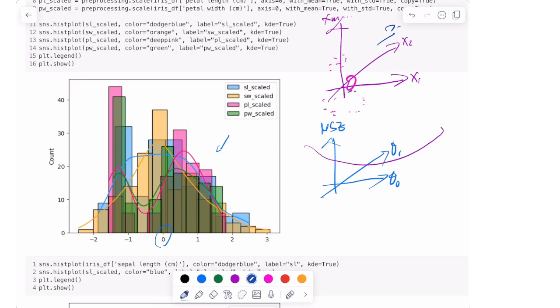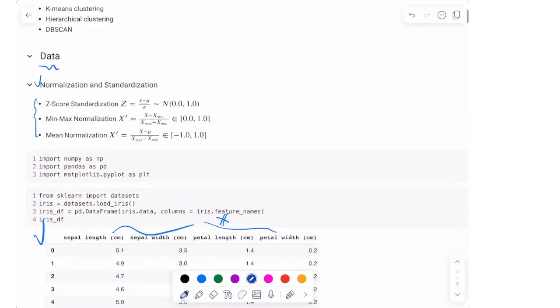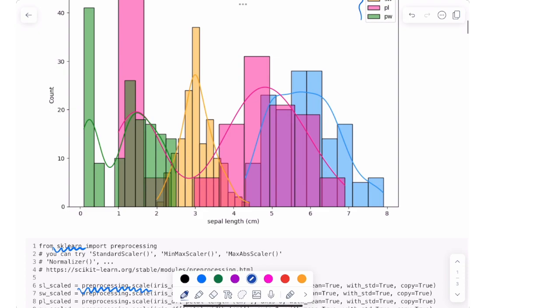So in this hour, we'll talk about some concepts of distance and the clustering algorithm. It'll be much easier for clustering algorithms to analyze data which has a similar scale. Okay, so we strongly suggest that you perform data standardization or normalization before applying a clustering algorithm.